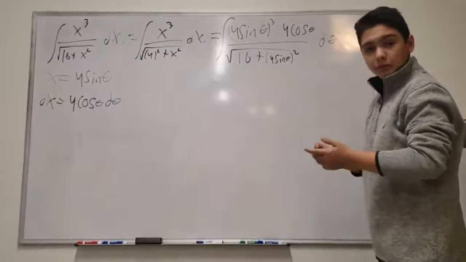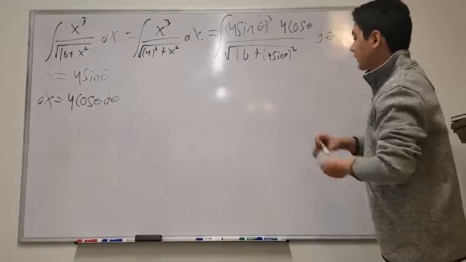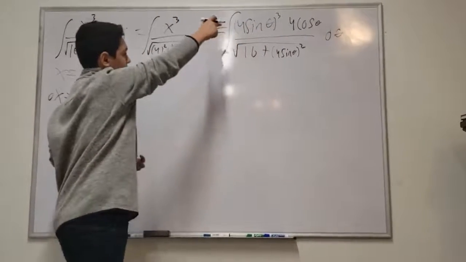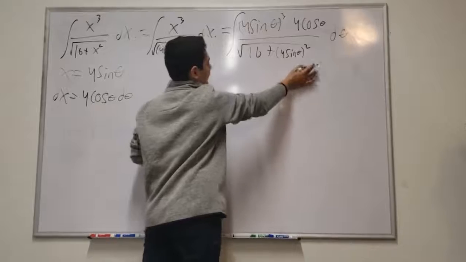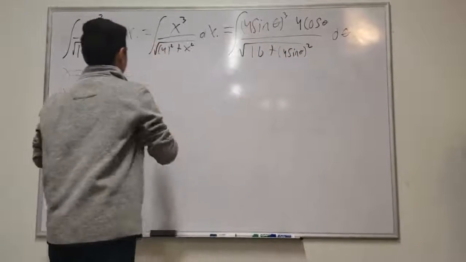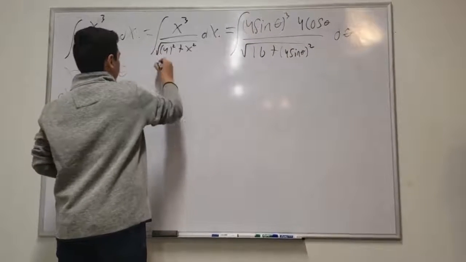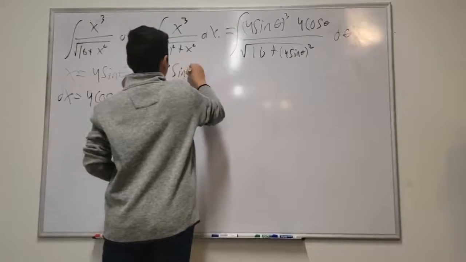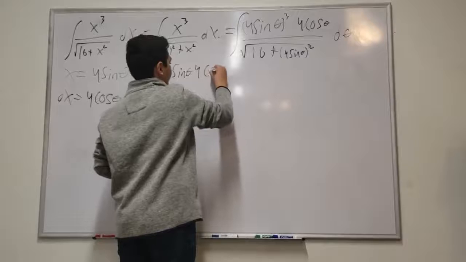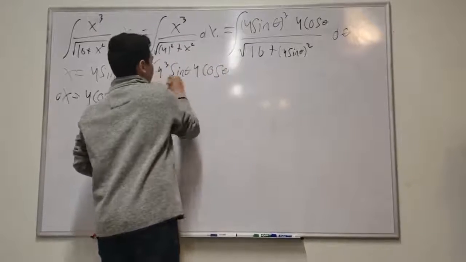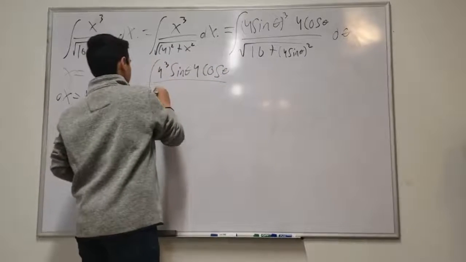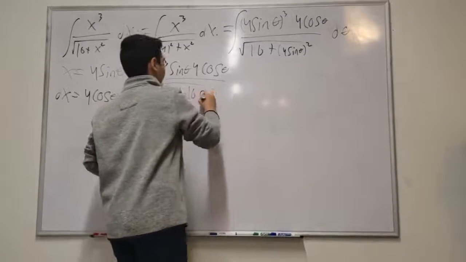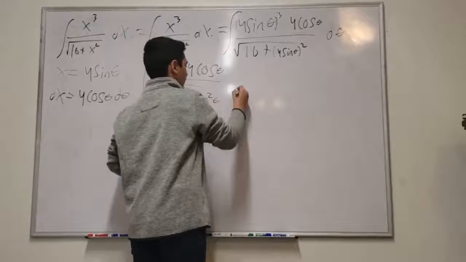Now we can simplify this expression. We can bring the cube into the 4 sine theta, and the square into the 4 sine theta. That gives us the integral of 4 cubed sine cubed theta times 4 cosine theta divided by the square root of 16 plus 16 sine squared theta d theta.